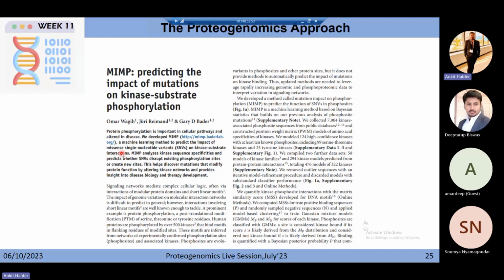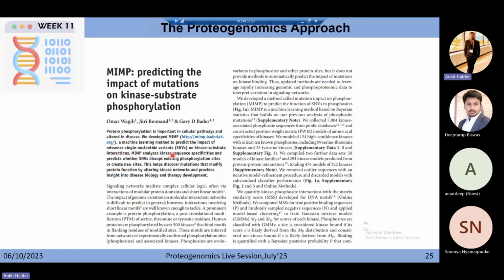What will be the substrate? The phosphorylation motif, which we have just shown you, how it looks at the regular expression level, which is derived after multiple sequence alignment.